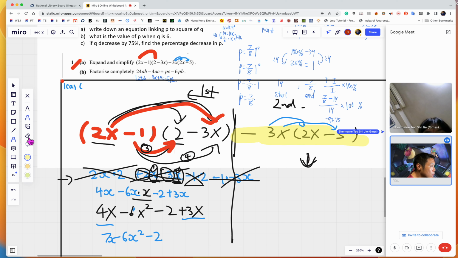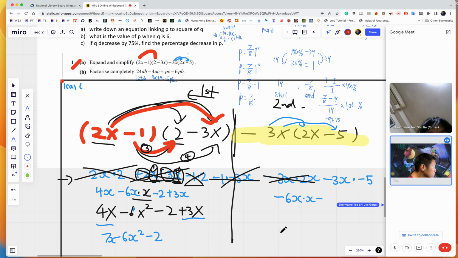Show the arrow. Correct. That's your first arrow. Second arrow. Correct. Okay. Continue. Simplification. Correct. Done.